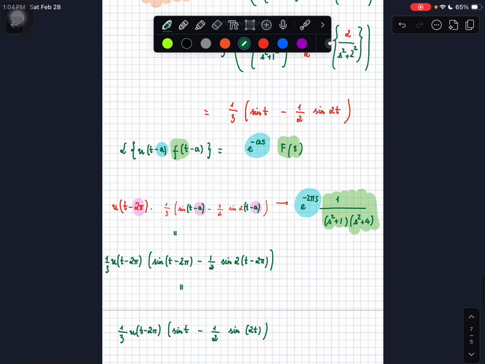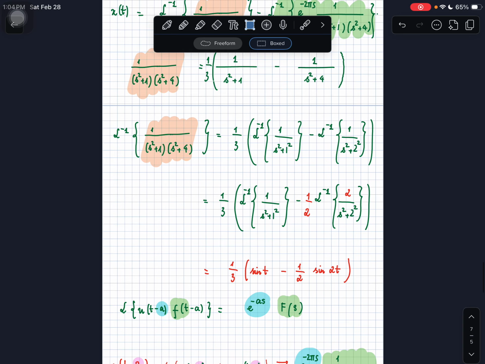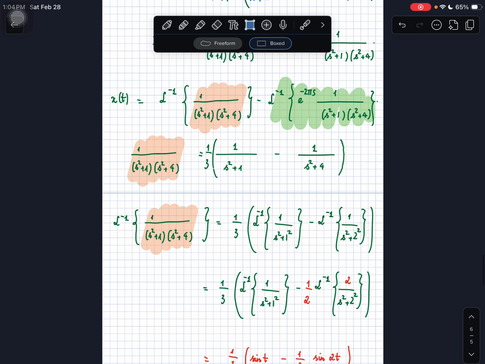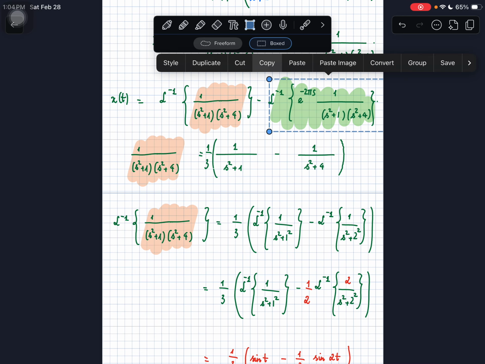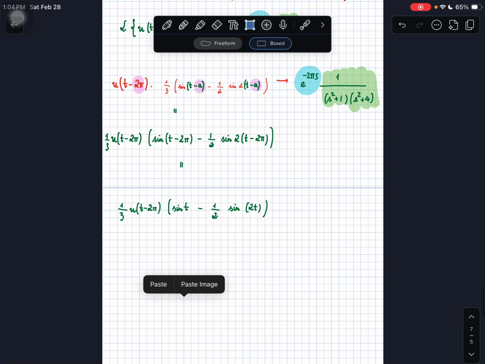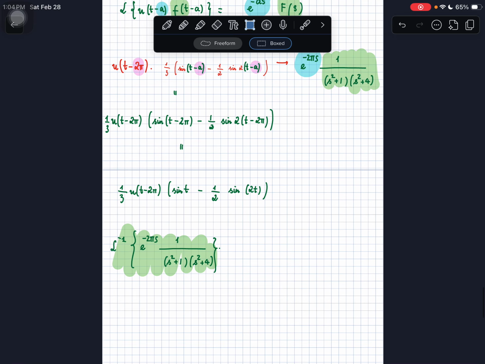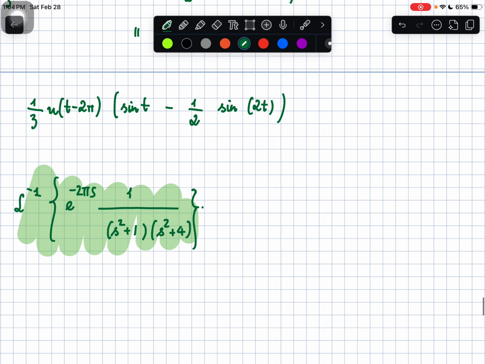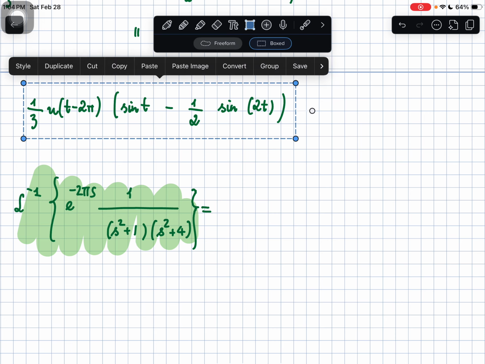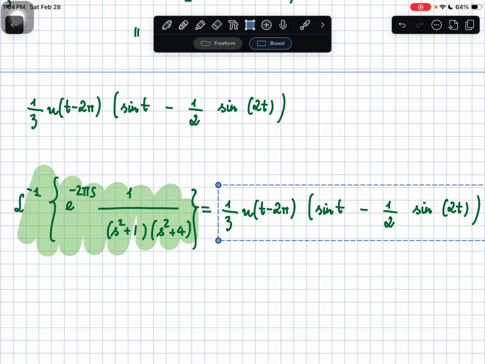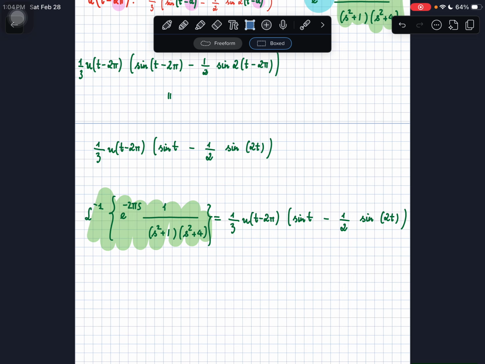That one is the inverse transform of the second term. So we computed the second term.